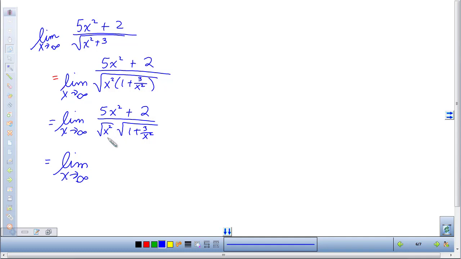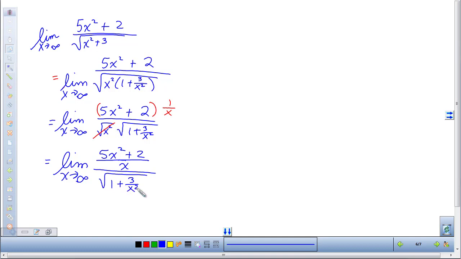So I'm going to move that to my numerator by multiplying by the reciprocal. We're multiplying by 1 over x, and in my denominator, I still have the square root of 1 plus 3 over x squared.